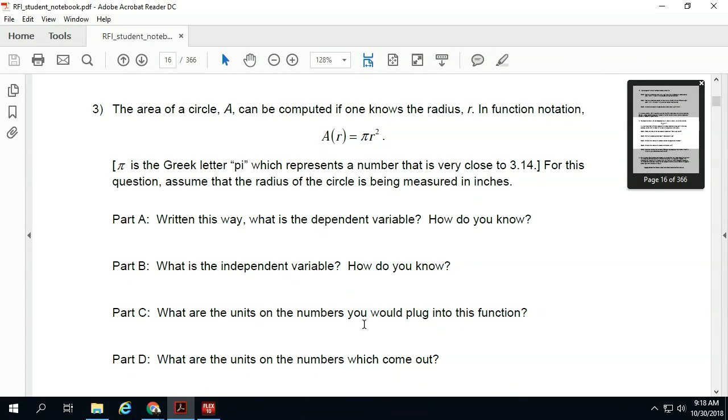It does say measured in inches for number 3. So the radius will be in inches, the area will be in inches squared, right? Everybody agree with that? So it's going to be in inches squared for part D.